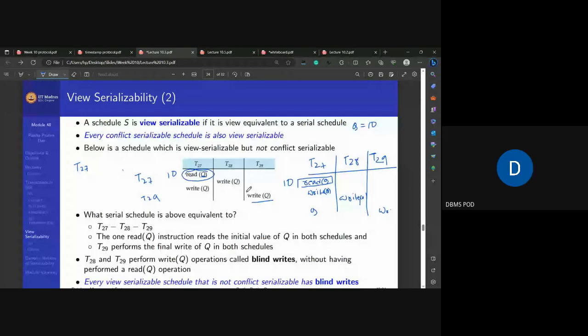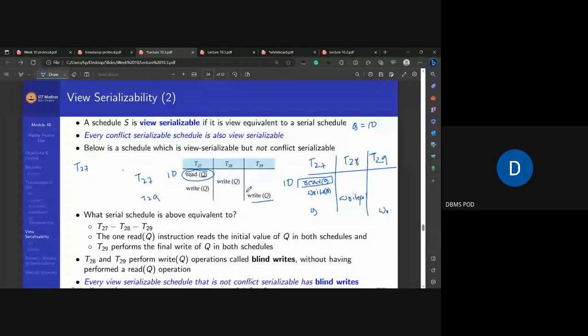In that case, what I want to say is that even if we are reading something in T27 or writing something in T28, finally we are writing in T29, so it overwrites all the work that was done to the queue in T27 or T28.